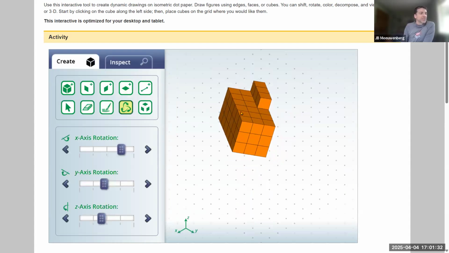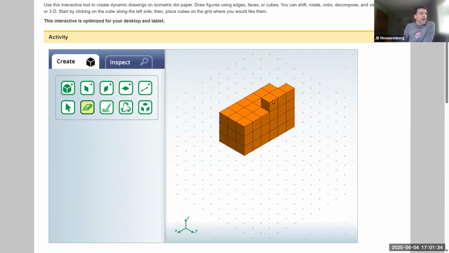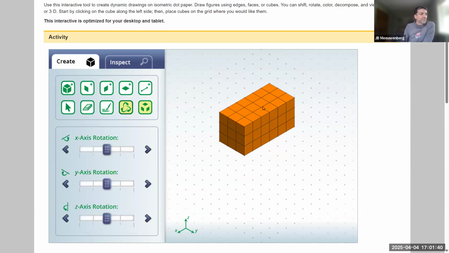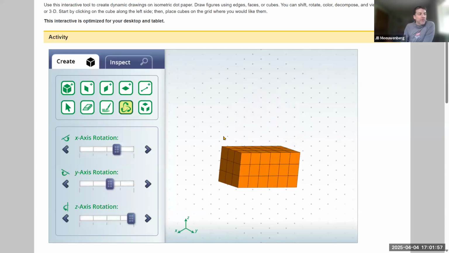And so that actually leads me to sort of a challenge question that we're going to start with. Imagine this figure that I have right here, right? And it has 54 small cubes in it. You could calculate that by multiplying the length by the width by the height of this, but there are 54 small cubes. And I want you to imagine if you had to paint this, if this was a box and you painted it all the way around, right?